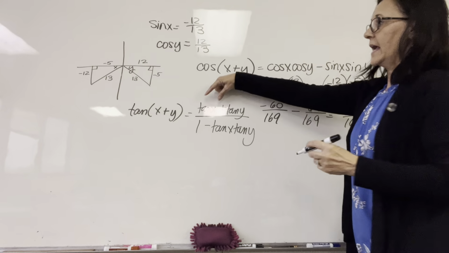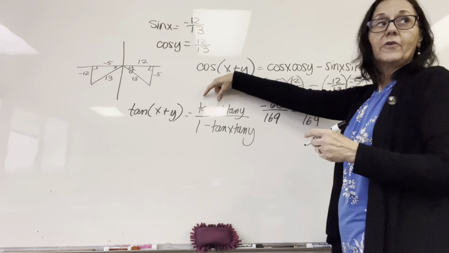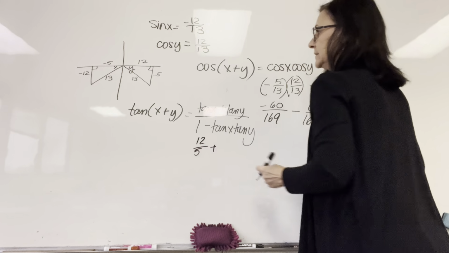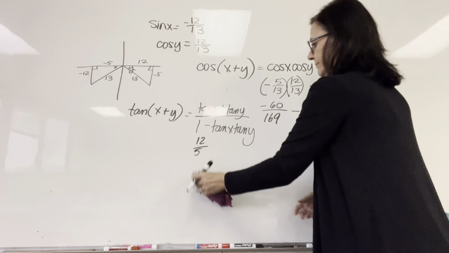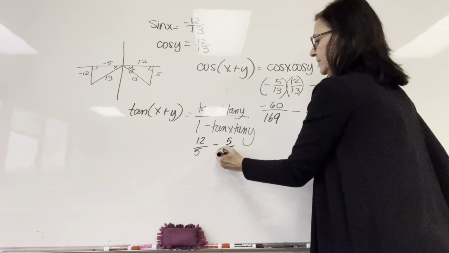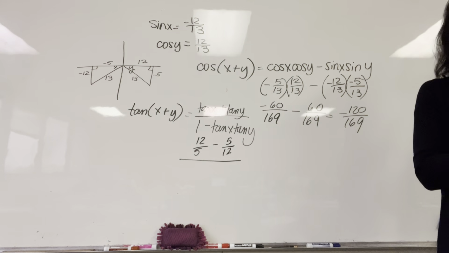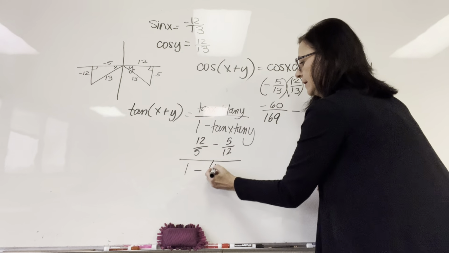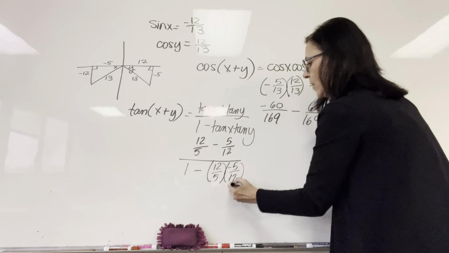All right, so the tan of x is going to be positive. It's TOA, opposite over adjacent. So that's 12/5 plus the tan of y, which is going to be negative 5/12, over 1 minus 12/5 times negative 5/12.